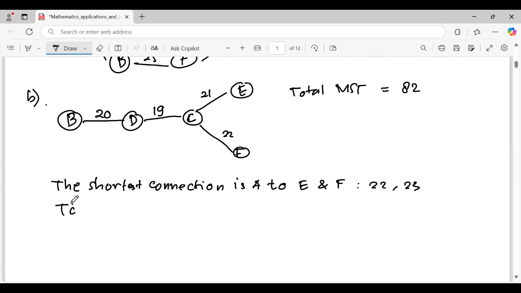So the total MST length will be 20 plus 19 plus 21 plus 22 plus 22 plus 23 is 127 kilometers.